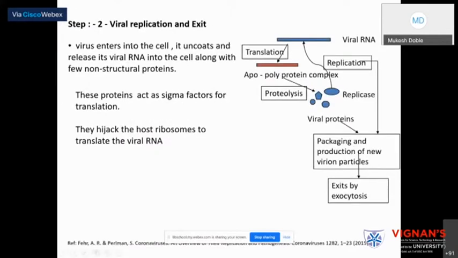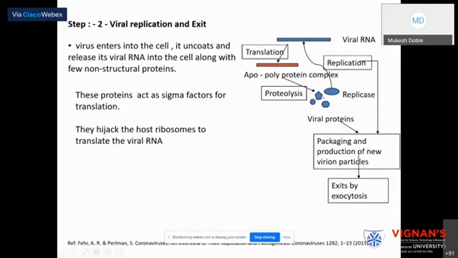Once the viral RNA enters the host, there are other proteins like 3CL, PLP, then your replicase. All these proteins replicate this. There is proteolysis taking place of the viral RNA. Then there is replication taking place.